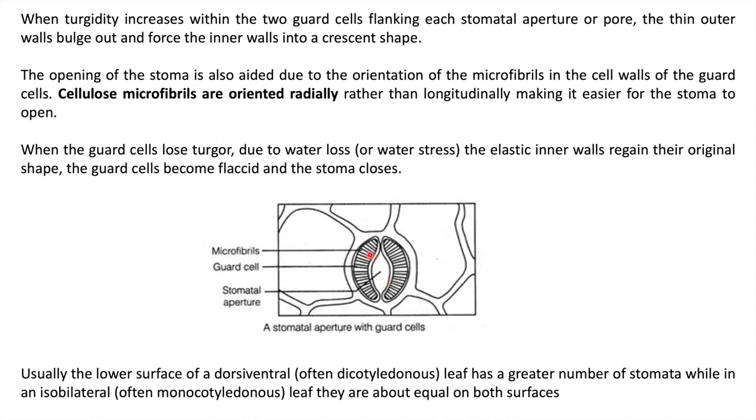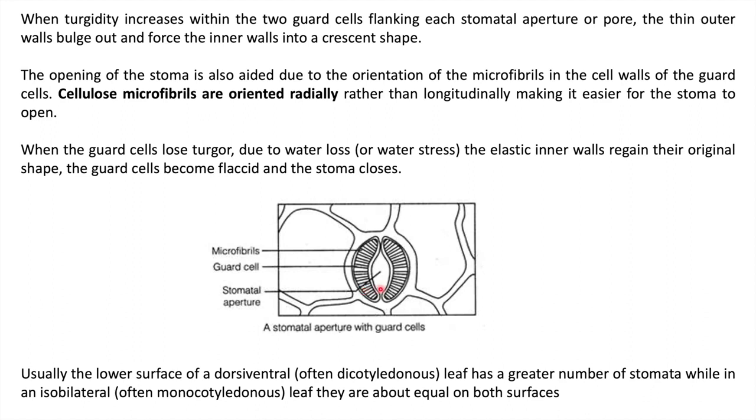You can see these radially oriented structures present on the guard cell. These are called microfibrils. These are made up of cellulose. These microfibrils also help in opening of the stoma. They are radially oriented, not longitudinally oriented. If they were in longitudinal orientation, then stoma opening would be difficult.